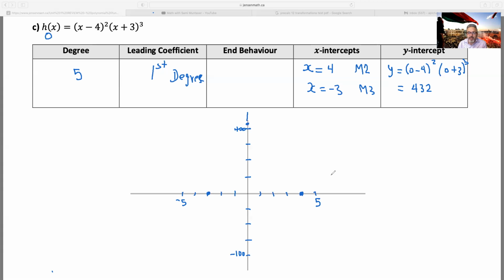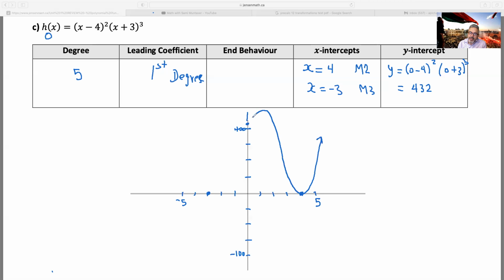Now, the leading coefficient here, because it's positive in here and positive in there, so the leading coefficient is positive. If the leading coefficient is positive, you go to the 0 furthest to the right and you go up. Now, because we have a multiplicity of 2, we don't go through the 0, we bounce.